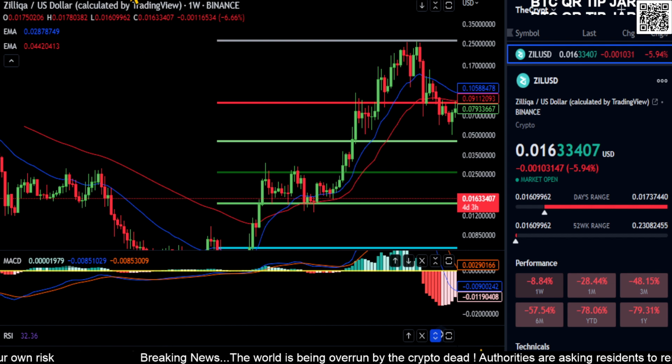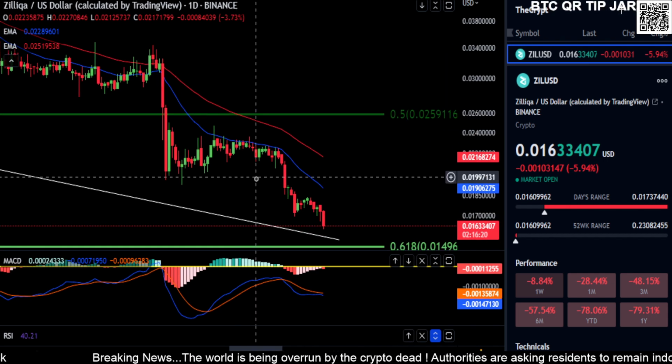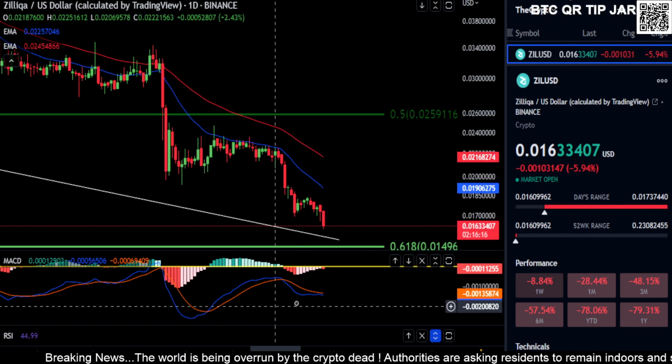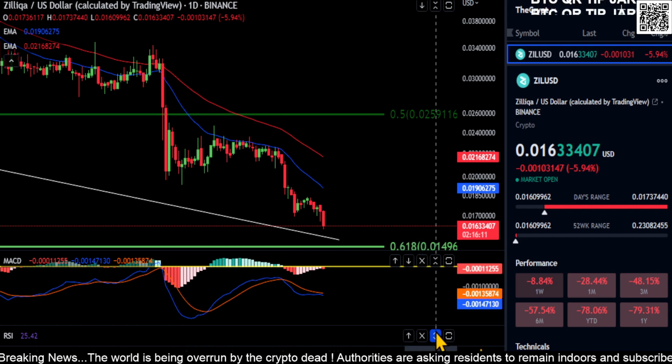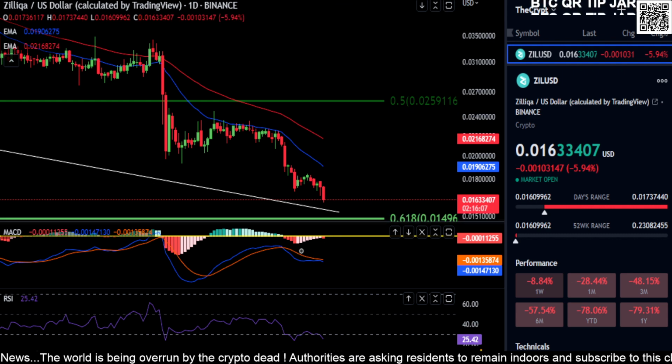If we actually switch over here to the daily chart, one other thing I wanted to point out, here on the daily chart, you can see we still have that bullish divergence on the MACD here. And if we actually bring up the RSI here, you can see that. Let me go ahead and draw this on there for you guys.